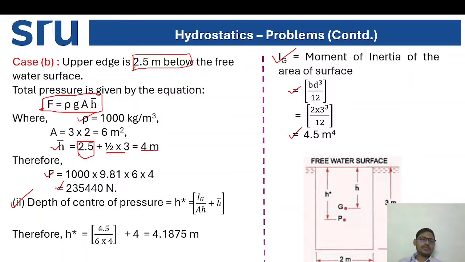So just substitute: H star equal to Ig by A into H bar plus H bar, such that Ig is 4.5, we know that, and A is 3 into 2, 6, we know that, and H bar already we have calculated, that is 4. So totally we get 4.1875 meters.